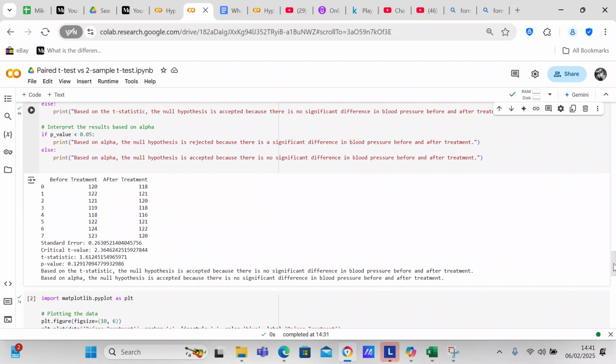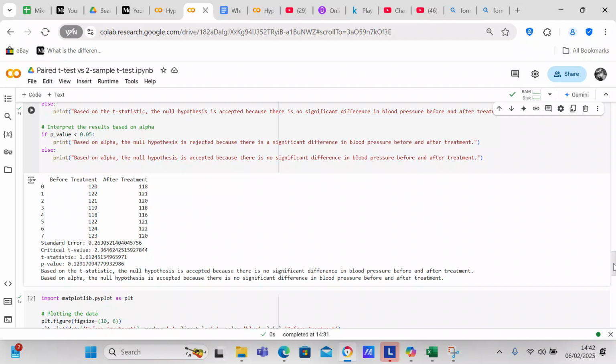So you can see that we have used exactly the same data, but you get different readings depending upon which test you use. If you use a paired t-test, the null hypothesis is going to be rejected, which means that there is a significant difference between the after treatment and the before treatment.